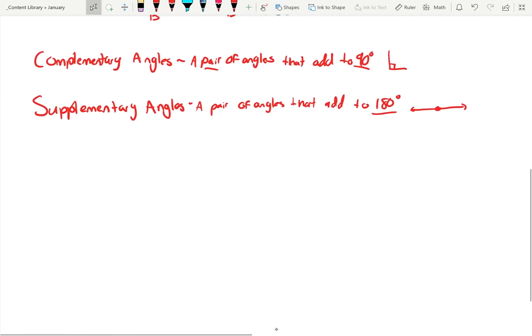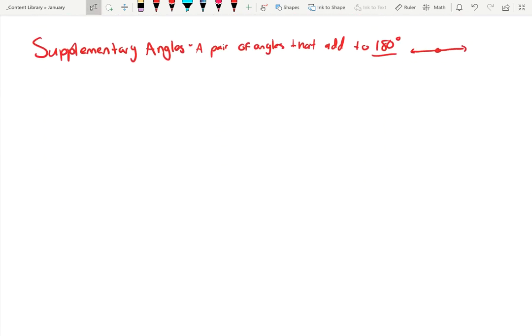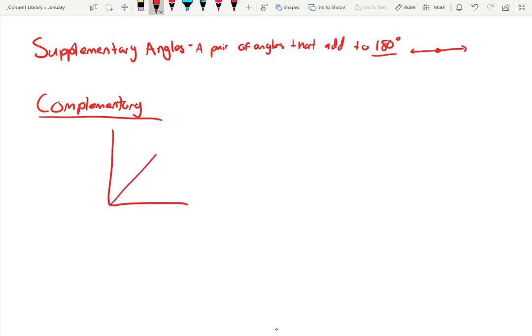So let's practice some math here with some complementary and supplementary problems. Let's go with complementary first. So remember, these are a pair of angles that add up to 90 degrees. So if I have a pair of angles, now notice the little square I put in there for the angle, that's indicating to us that it's 90 degrees.